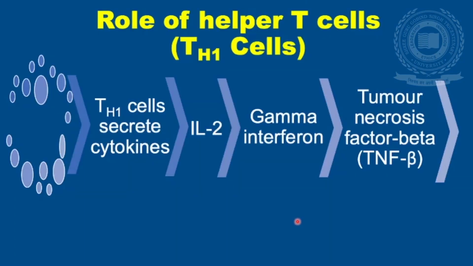Let's study the role of helper cells and suppressor T cells in cell-mediated immunity. Helper T cells are of two types, Th1 and Th2. Helper Th1 cells play their role by secreting three cytokines: interleukin 2, gamma interferon and tumor necrosis factor beta.